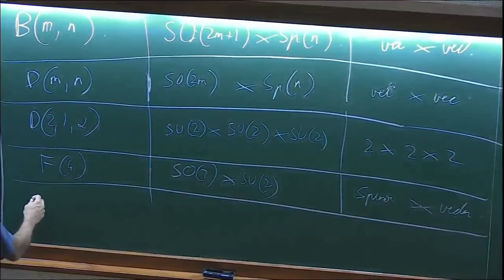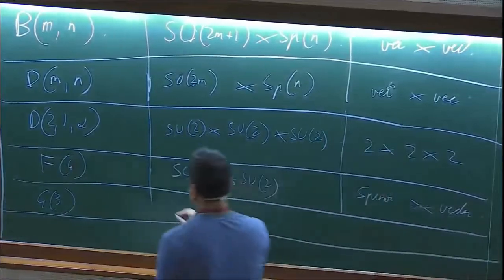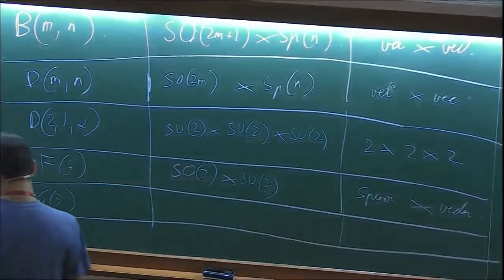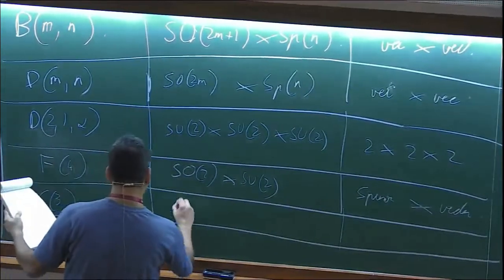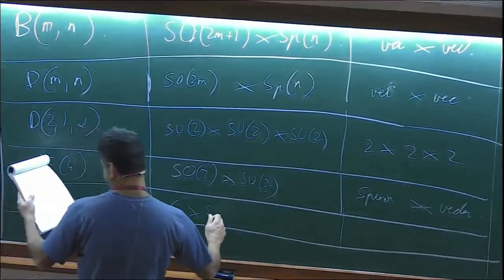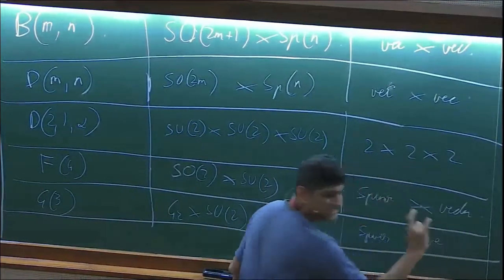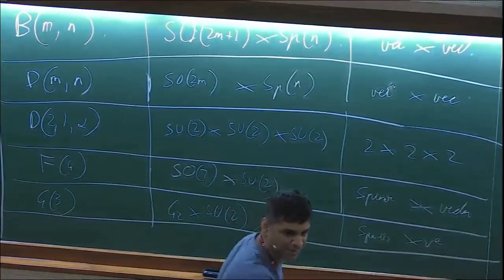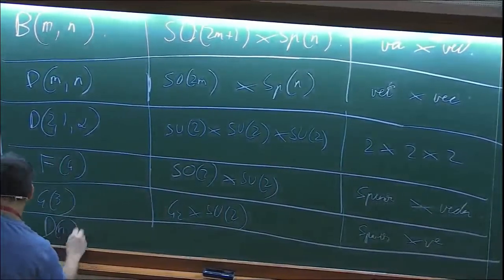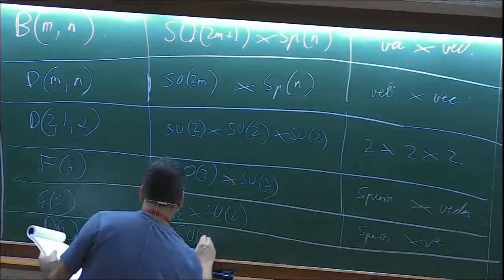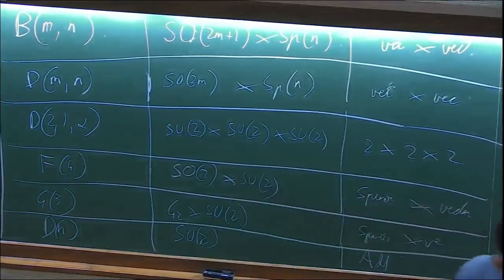Okay, then we have G(3), which is G2 times SU(2), and this is spinor times vector. Vector means the 2 of SU(2). It's just the defining representation, always. That's my notation. Okay, then there is D(n), which has SU(2), and this transforms in the adjoint, the 3 of SU(2).